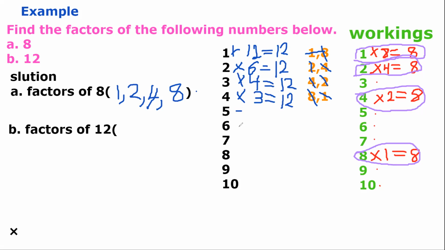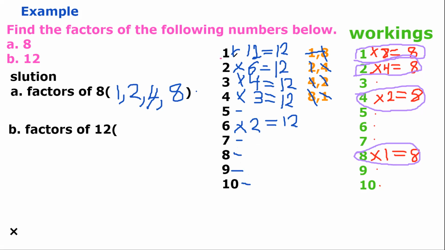6 times 2. 6 times 2 can also give me 12. 7, no. 8, no. 9, no. 10, no. Okay, so let's circle those numbers that were able to give us 12.